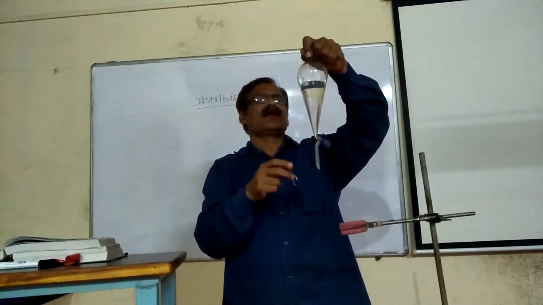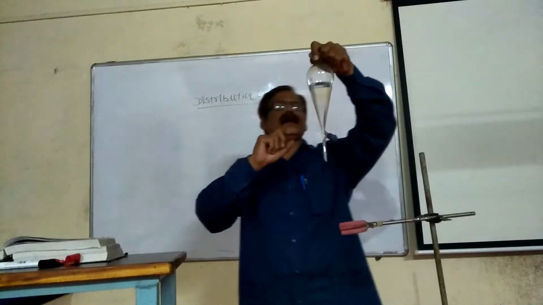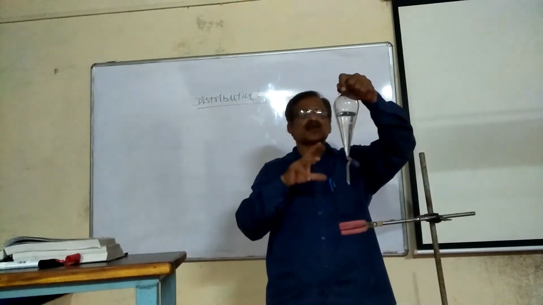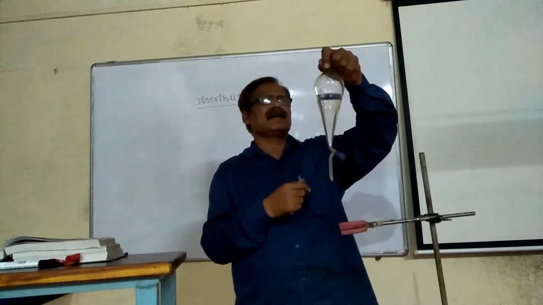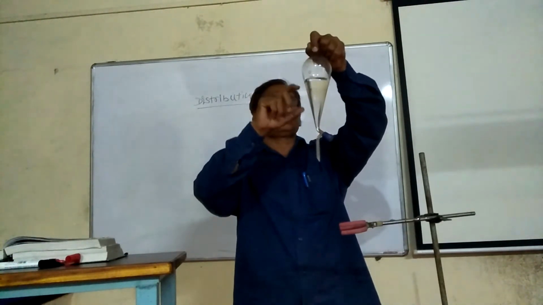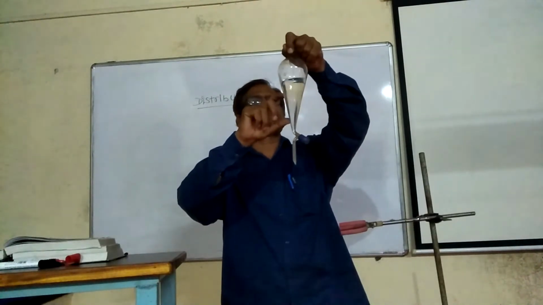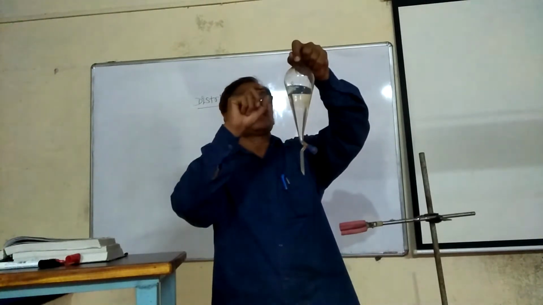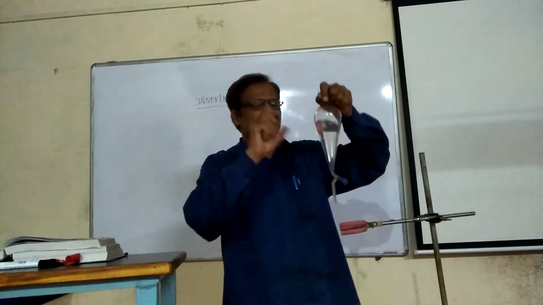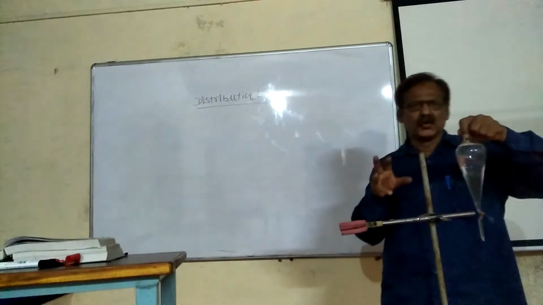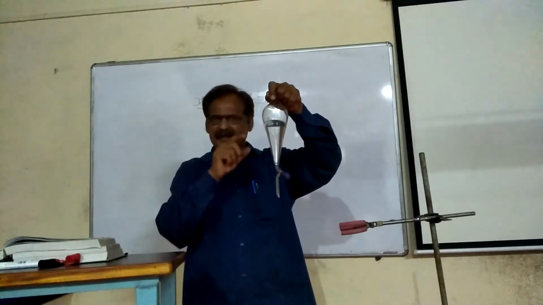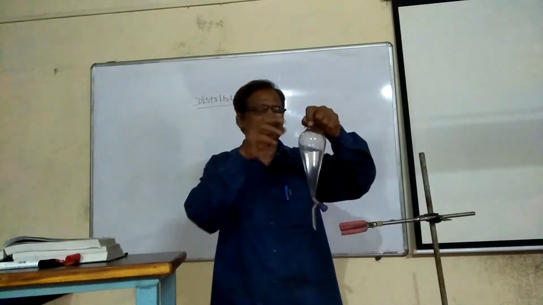Here we cannot see the color because both these solvents are colorless. Acetic acid is colorless, but we can see very easily there are two layers. In this way, we have seen in general how a solute like acetic acid distribute between a pair of immiscible solvents, in this case water and ether.